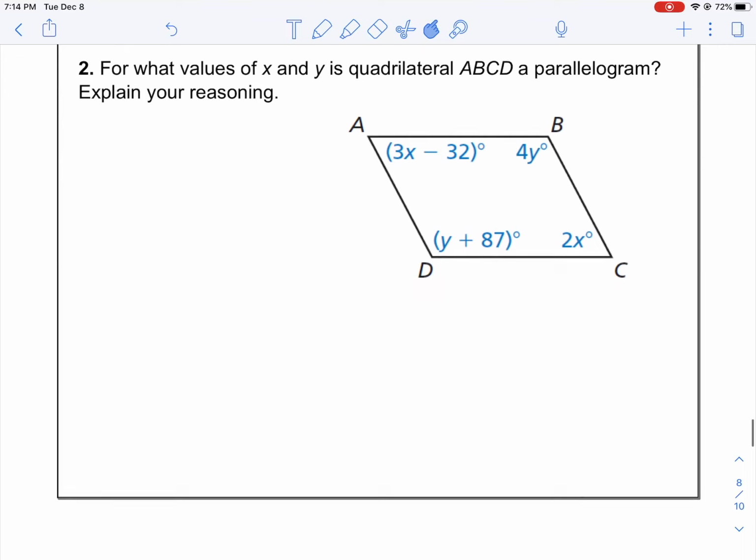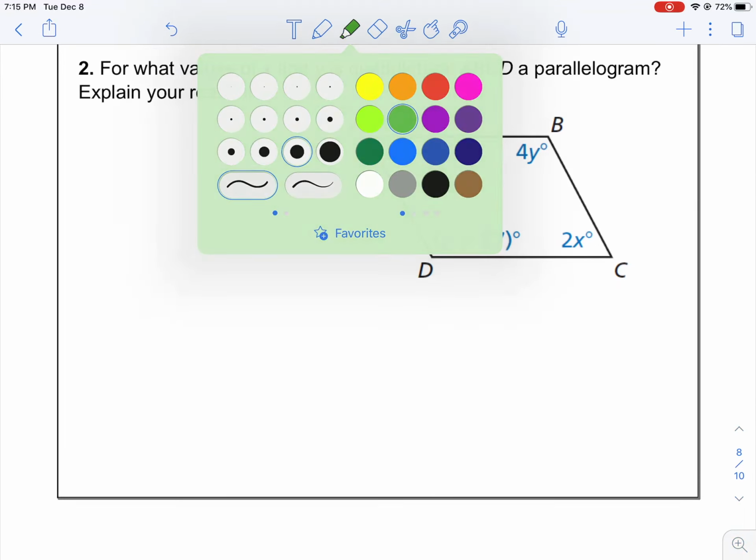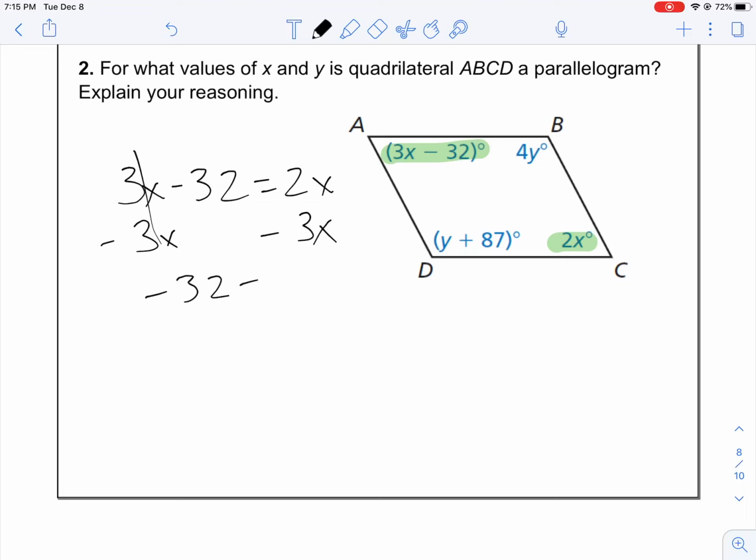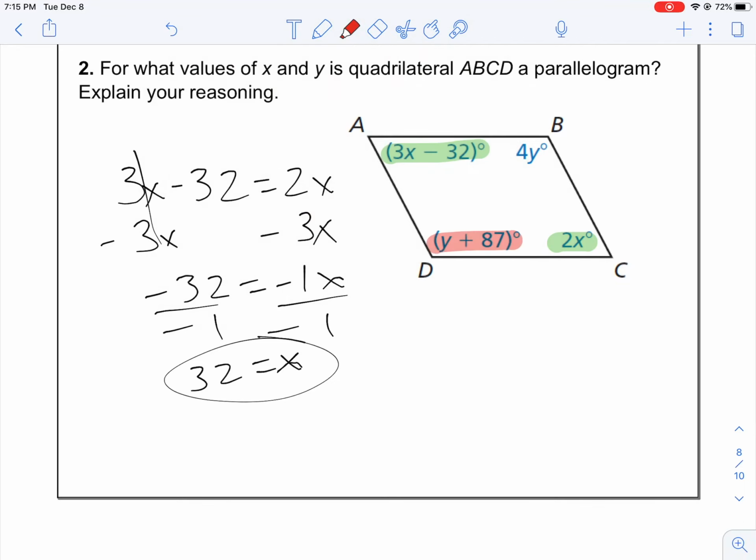All right, and the last thing we've got to look at is this one. Well, if this is a parallelogram, then these sides are equal. So 3x minus 32 equals 2x. Move your variables. Divide by -1. But since it's a parallelogram, this also has to be true.